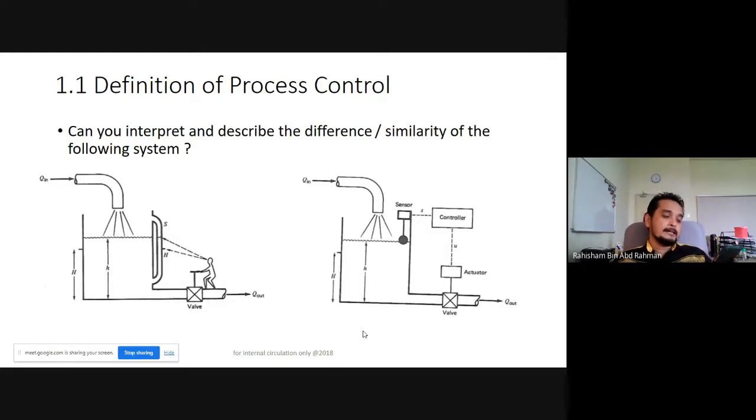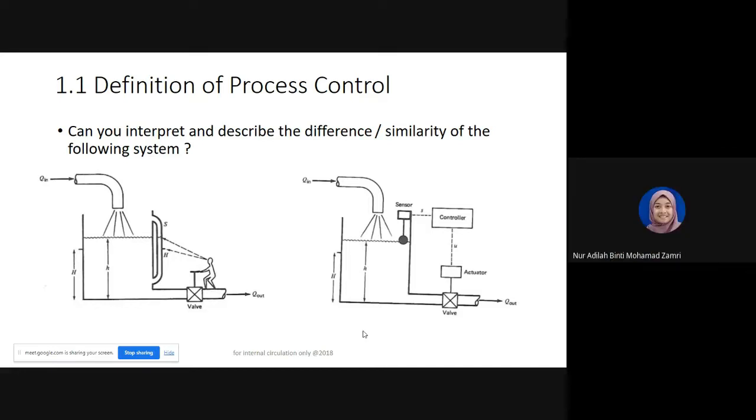Okay, Adila, what can you see as the difference between these two? The difference that I see is that one uses human energy, and the other one uses a system.